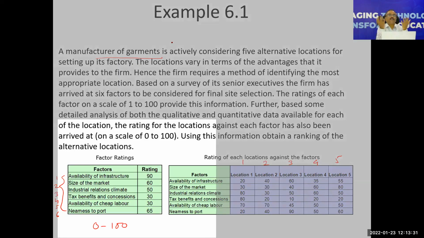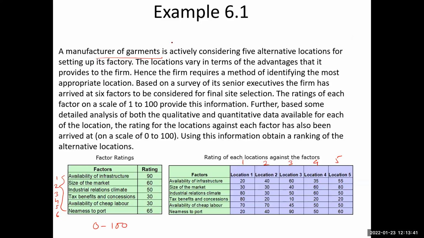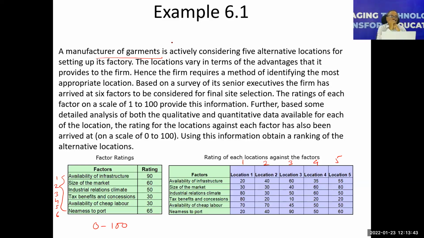That means how much weightage you will give: which factor is more important than the other factor? For example, if the business requires very highly skilled labor, then availability of highly skilled labor may be more important than availability of raw material or infrastructure.